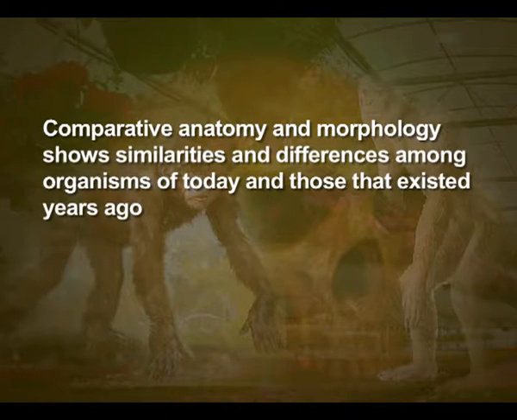Comparative anatomy and morphology show similarities and differences among organisms of today and those that existed years ago. Such similarities can be interpreted to understand whether common ancestors were shared or not.